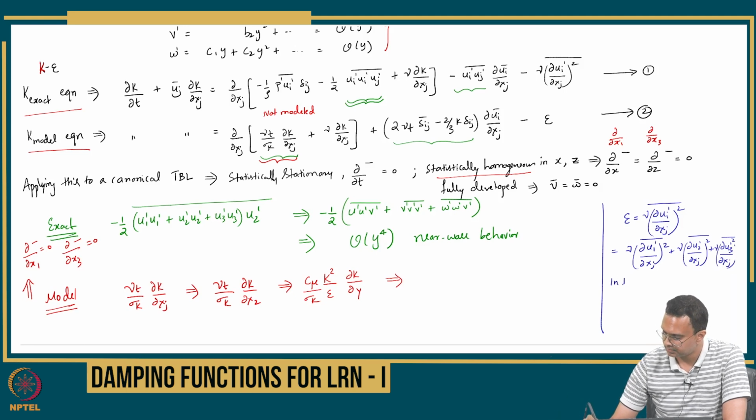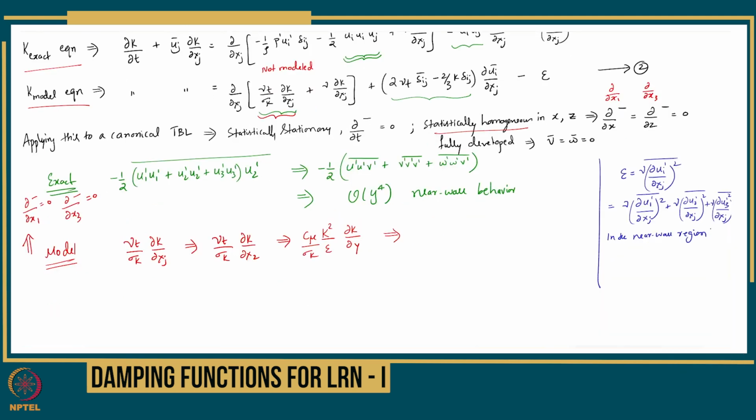So in the sublayer, or in the near wall region, what is special is that typically your dou by dou y gradients are much larger than your dou by dou x and dou by dou z. If I write it in terms of that, it is basically dou by dou x2 much larger than dou by dou x1 or dou by dou x3 gradients in the near wall zone. These y gradients are much larger, and therefore this particular term will take over.